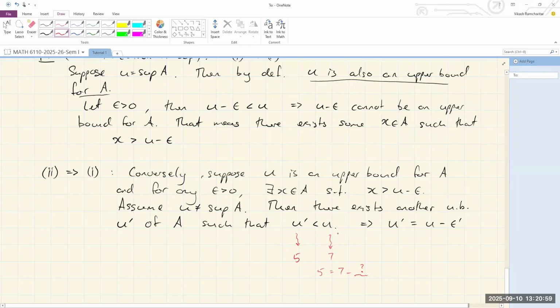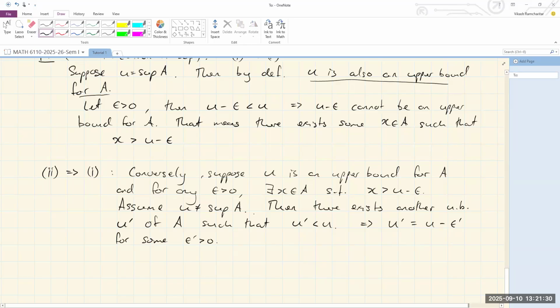We could convert this less than sign into an equality sign by subtracting some small amount from u. Okay. So therefore u prime is equal to u minus epsilon prime for some epsilon prime bigger than 0.